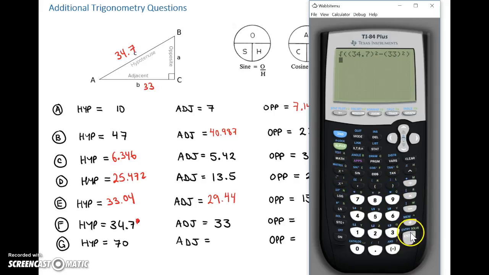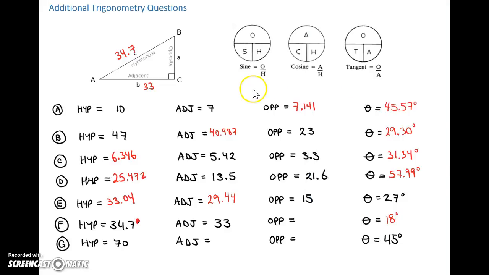Close brackets. And that gives us 10.728. So the 8 is above 5, so we'll do 10.73. Excellent. Okay, so that means that this guy is 10.73, and this is a shallow angle of 18 degrees, because this is small compared to this guy here.